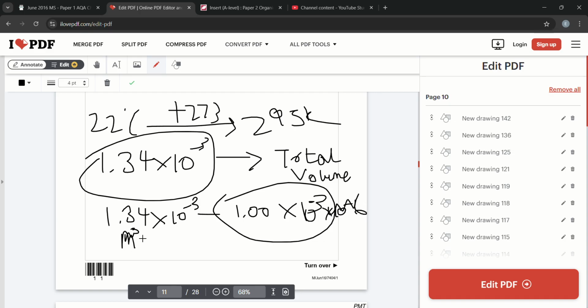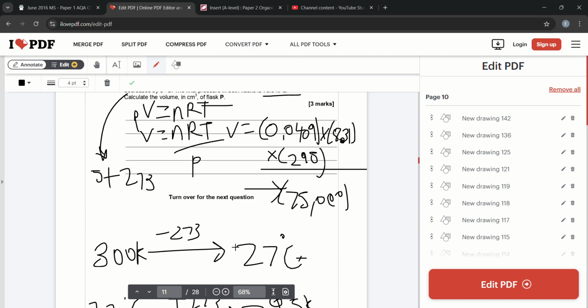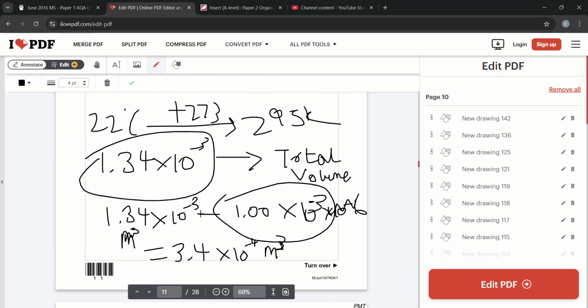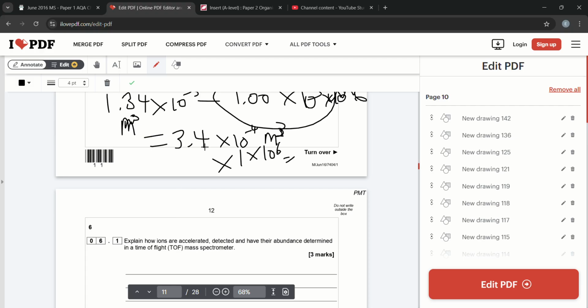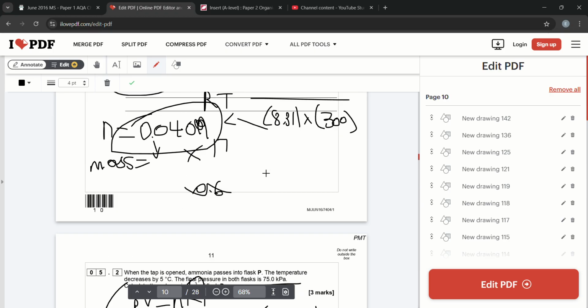Then once we do that subtraction, we times by 1 times 10 to the power 6 to convert it into centimeters cubed, which will give me 342 centimeters cubed. And that is the end of question 5.